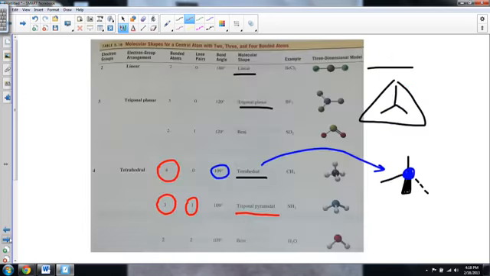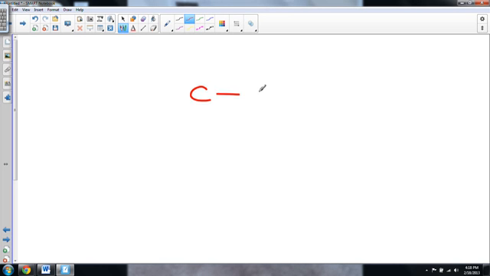What I mean by that is, if you remember before when we talked about drawing out polarity of bonds, we showed something like this, and we also showed something like this with the arrow pointing towards the most electronegative element. I don't know if I got those mixed up or not.